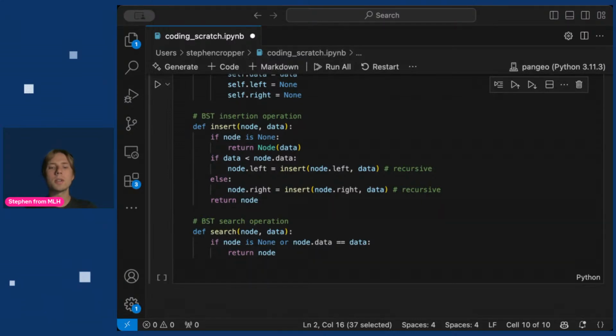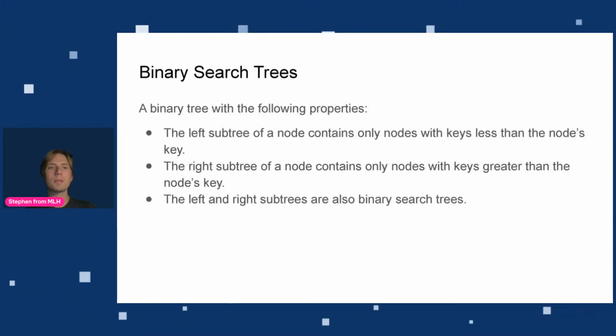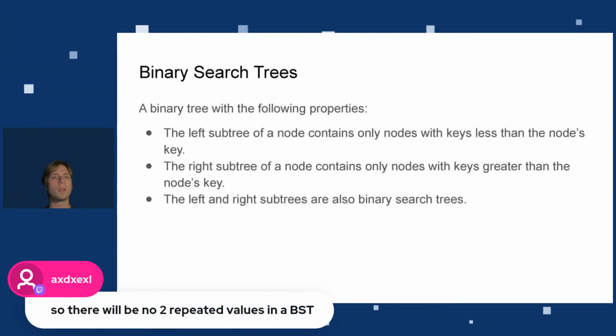And we have a question, are there any duplicates in a binary search tree? And that's a good question. Let's go back to the original definition of binary search tree to find out. So remember, the left subtree of a node contains only nodes with keys less than the node's key. And the right subtree contains only nodes with keys greater.